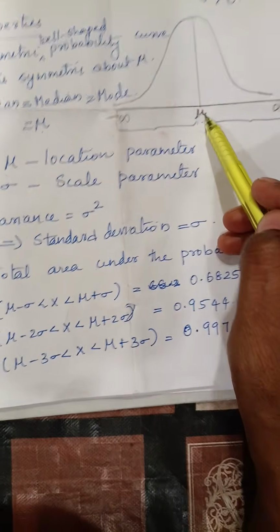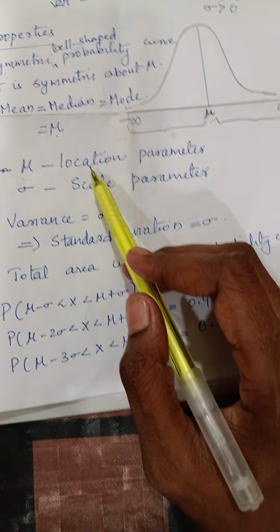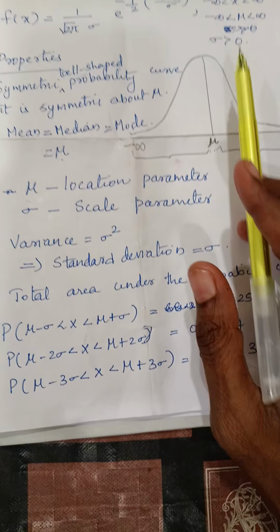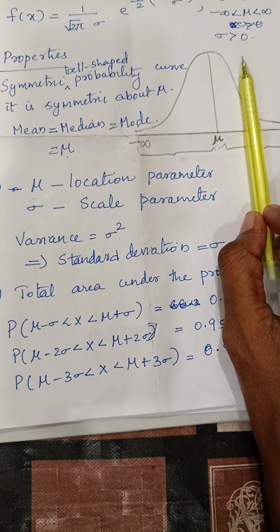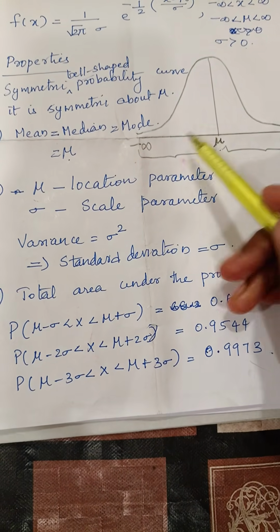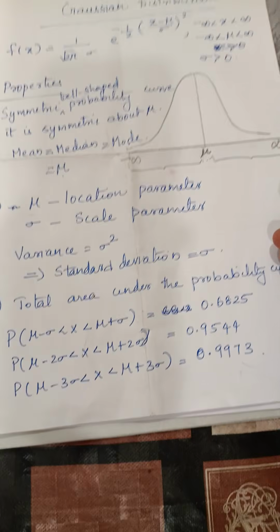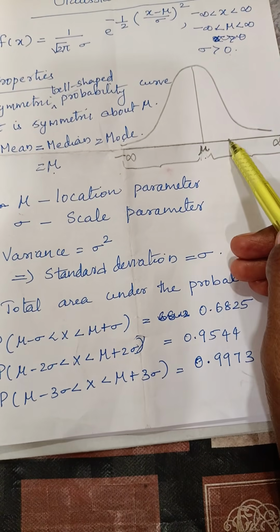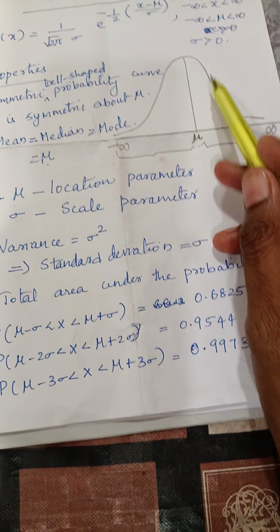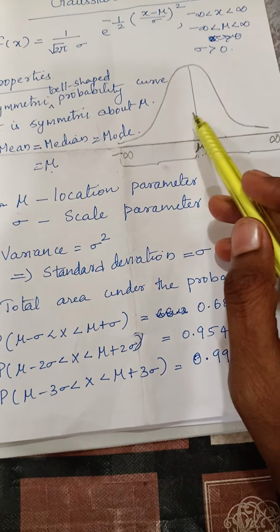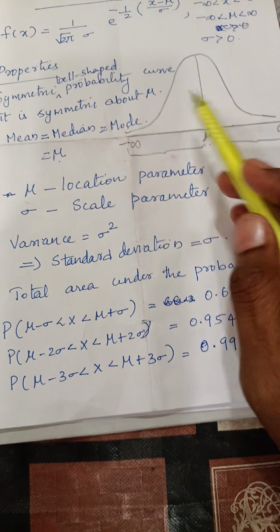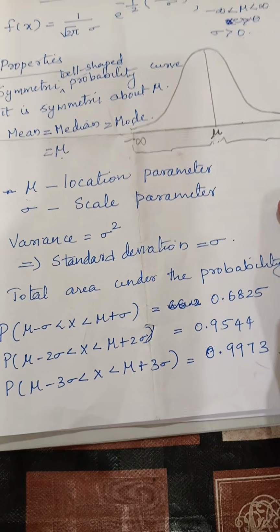This mean μ is known as the location parameter, because if the mean is here, the curve changes its location. If your mean is here, the curve will go like this. So according to the mean, the location of the normal curve changes.